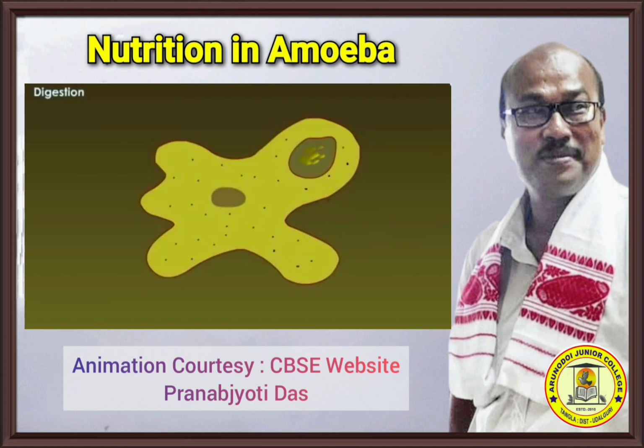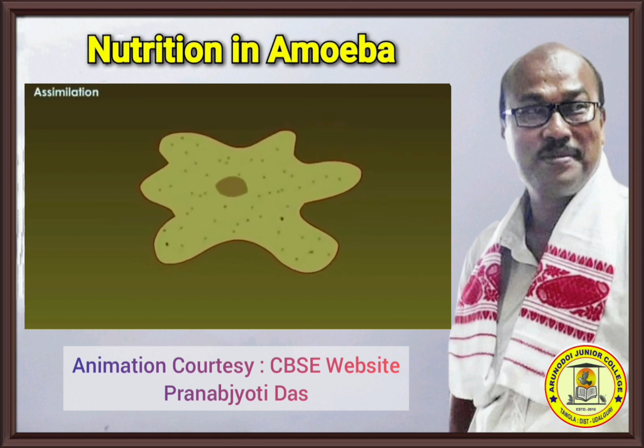The food is digested in the food vacuole by digestive enzymes. Absorption. The digested food present in the food vacuole is directly absorbed into the cytoplasm of the amoeba by diffusion. Assimilation. Food absorbed by the amoeba is used to obtain energy for maintaining life processes.